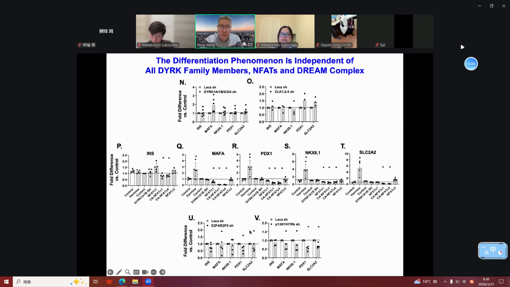When we silence these members, we can see proliferation in human islets. However, when we use the same viruses to silence them in human islets, we don't see any obvious change in beta cell function gene expression. So it suggests that the DREAM complex is involved in beta cell proliferation induction, but not in beta cell function gene expression.